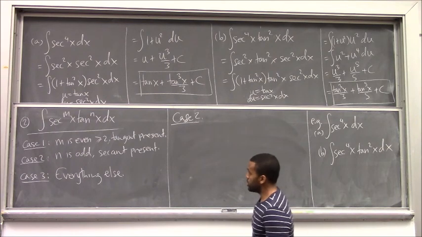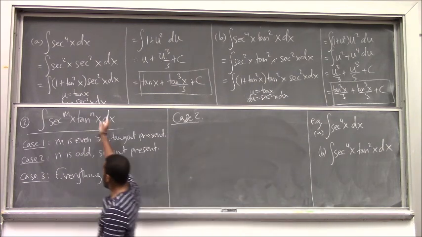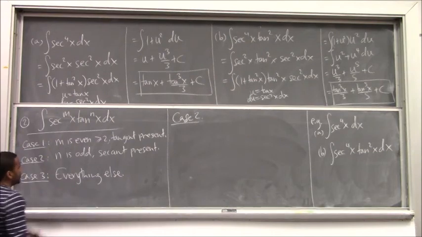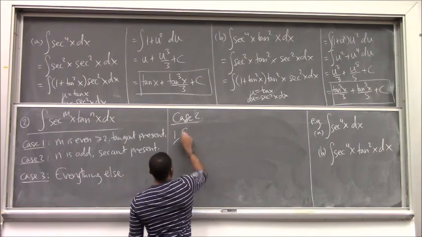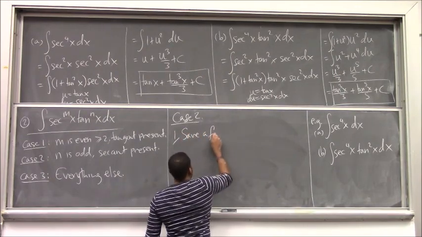So in case 2, you have an odd power of tangent and you can see a secant out there. Here's what you are going to do. One, you're going to save the factor of secant tangent.